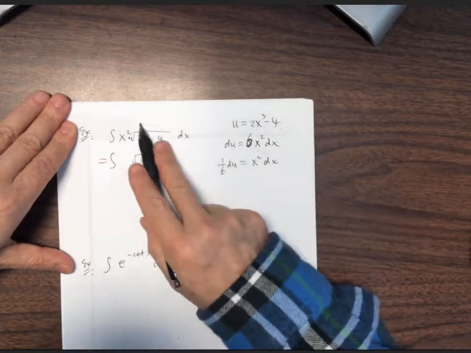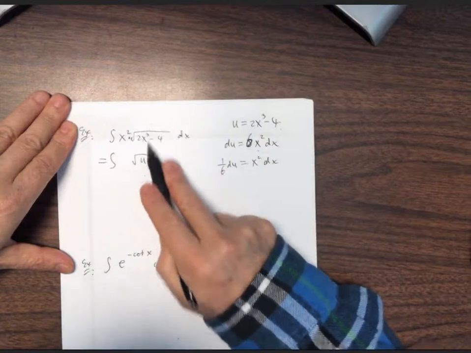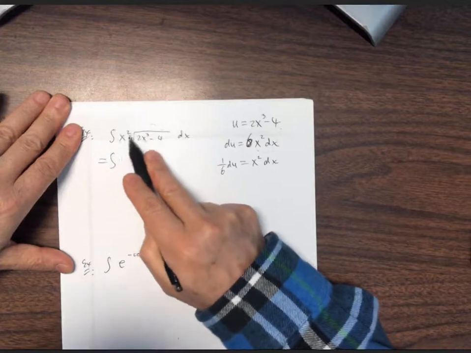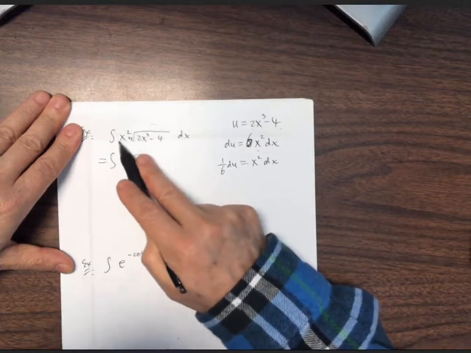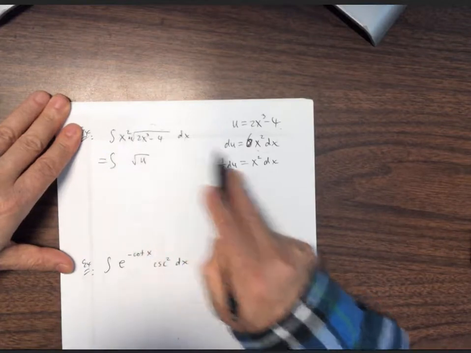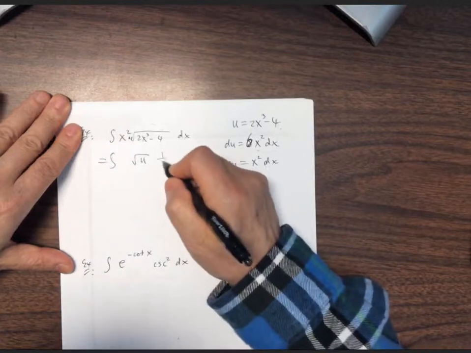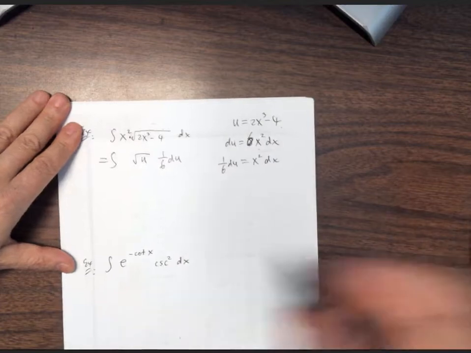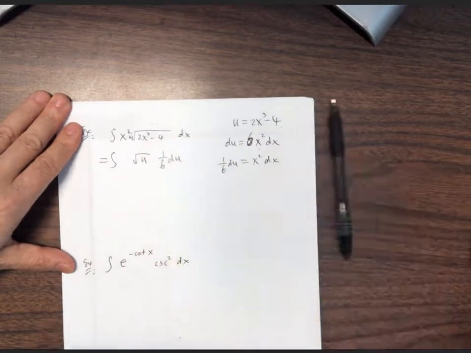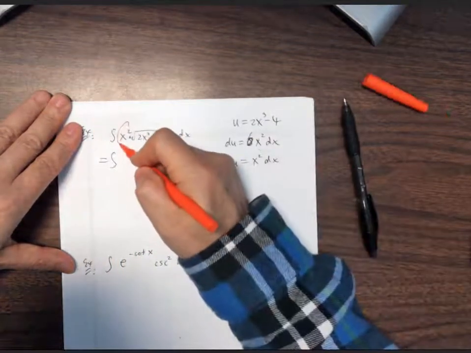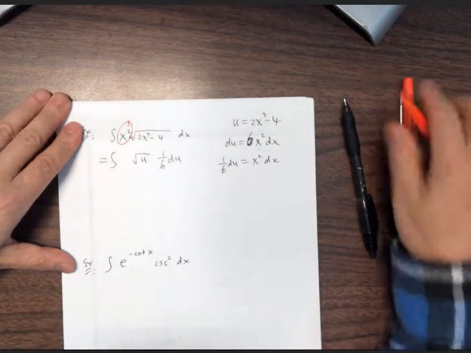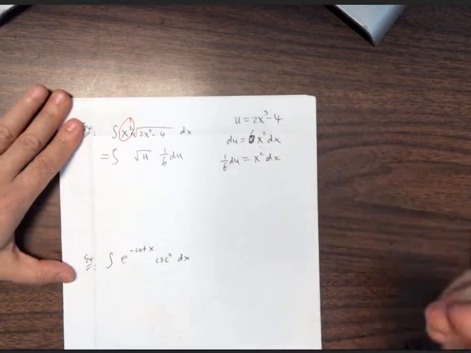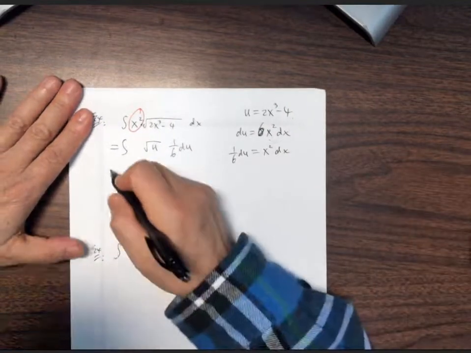Well, this part becomes square root of u. We're left with the dx and x squared. See perfectly, x squared dx together is 1 over 6 du. Just perfect. Well, because we have the perfect supporting factor that supports our substitution, basically. That's why I call it supporting factor.